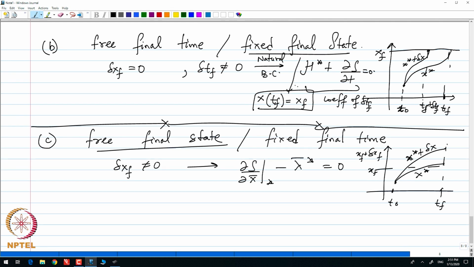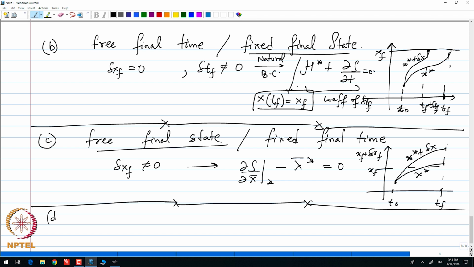Okay. And here we only have one condition, and then finally, we could have another situation where we have free final time and free final state in such a way that the final state moves along a particular curve.